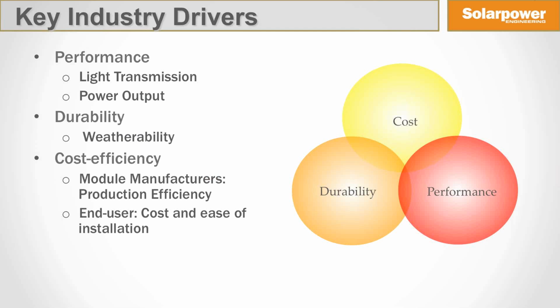However, these PV modules also need to be durable for 25 years of outdoor exposure, and that is what we mean by durability and weatherability. In addition to these two properties of high performance and durability, an important axis is to maintain the cost efficiency. On the module maker's end, by improving the production efficiencies, and on the final customer's end by lowering the cost and making installations easier.